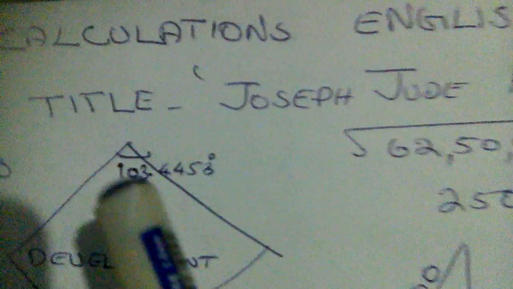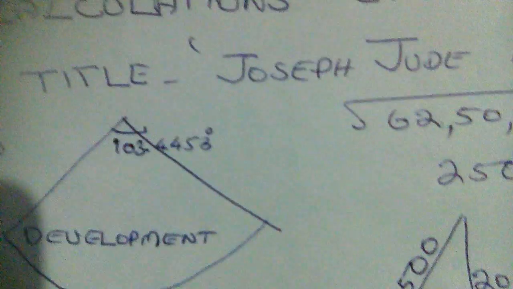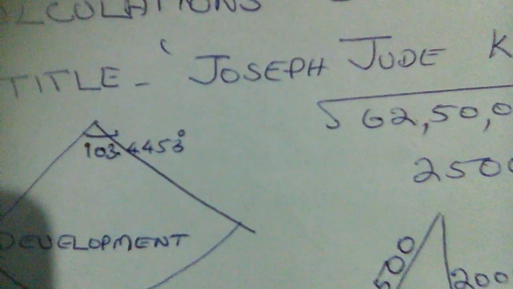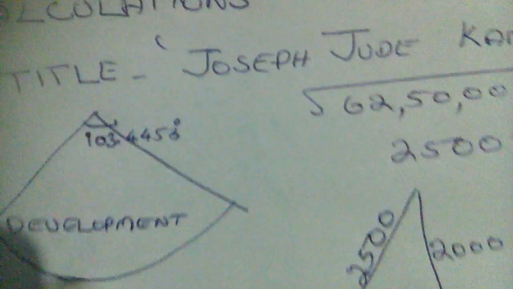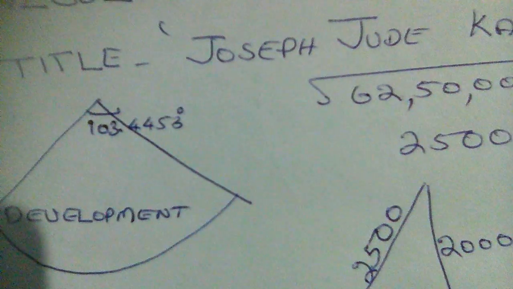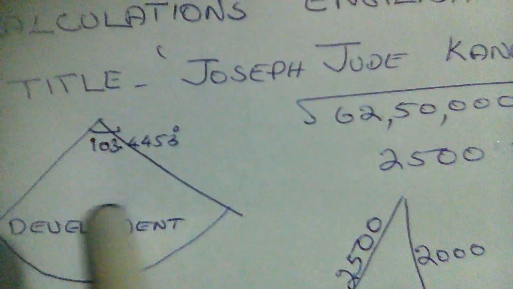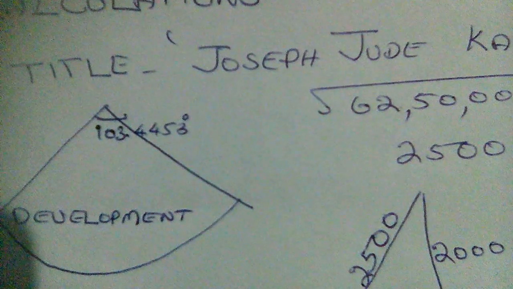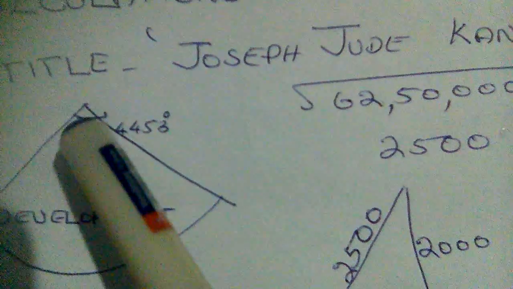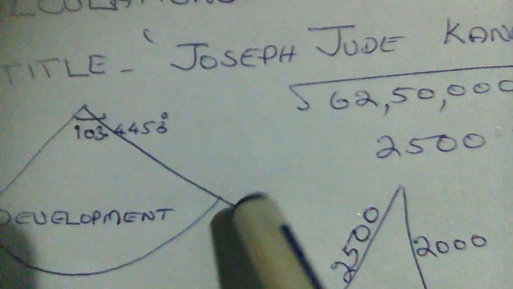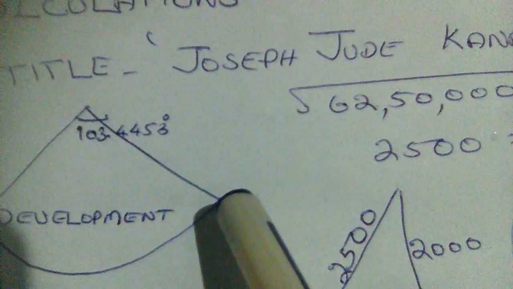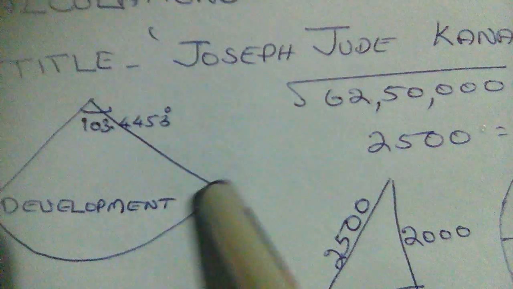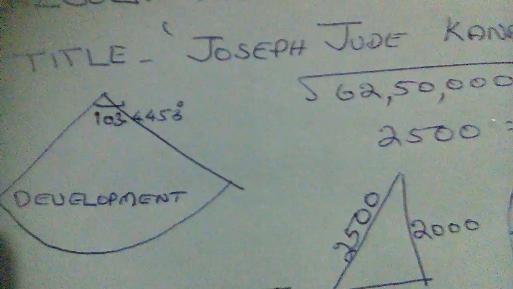One is its radius and the second measurement is not perimeter. Instead of perimeter, we studied to take the straight line from here to here. So we need two measurements only for making pattern development. One is radius and the next one is the straight line from the starting of the curved line to the end of the curved line.